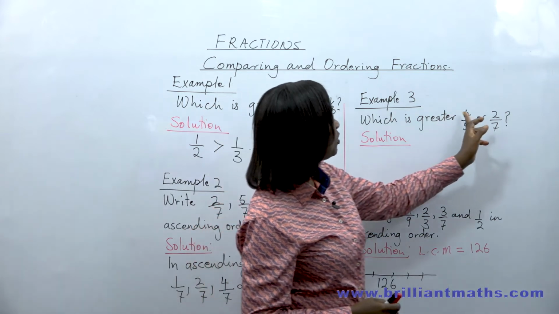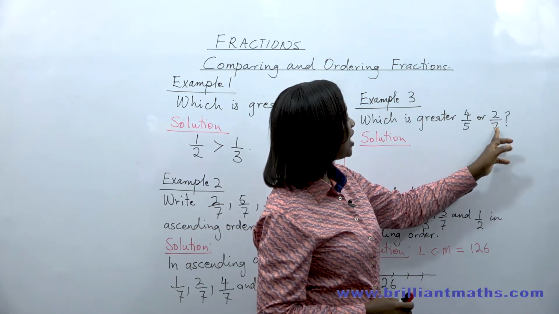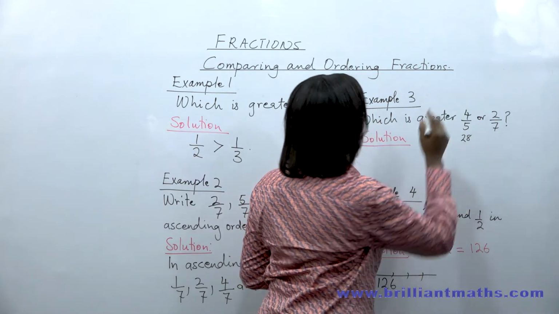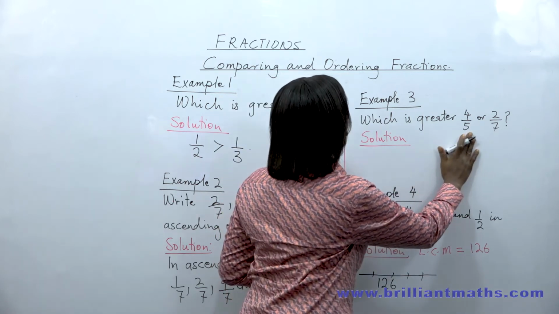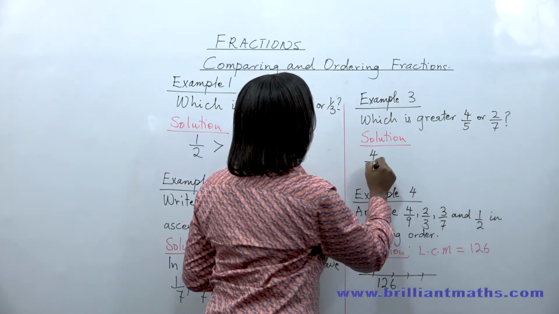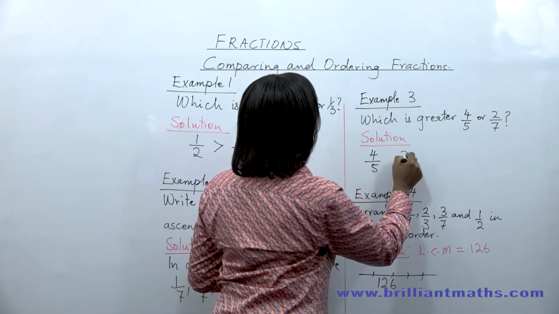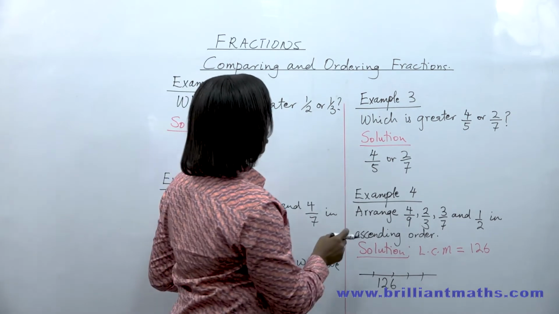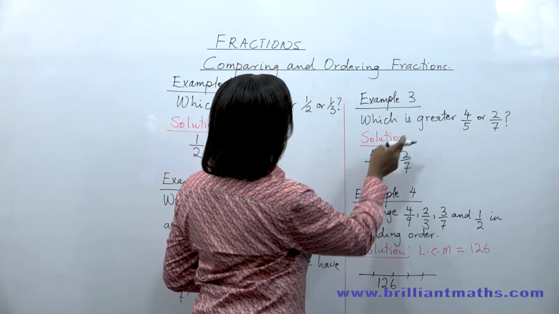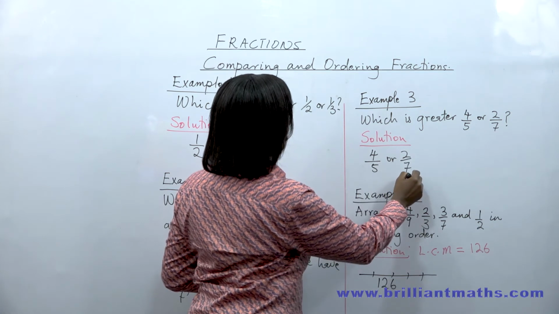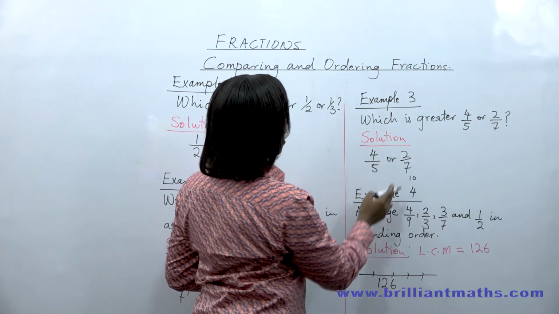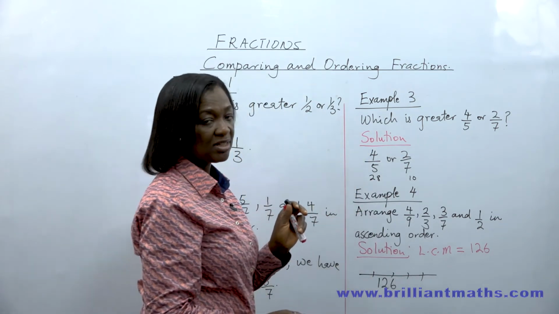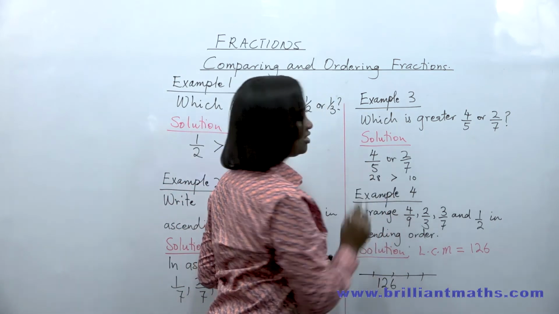Secondly, you could cross multiply. 4/5 or 2/7, which is greater? If I cross multiply, 5 times 2 is 10, I write it on the right-hand side, and 4 times 7 gives me 28 on the left. 28 is greater than 10.